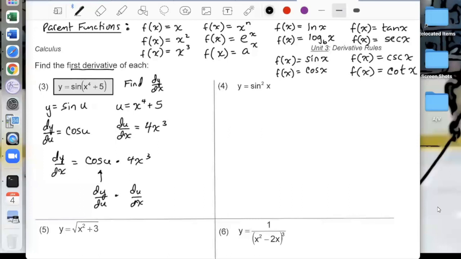So that's my license to do that. And since I know that u is equivalent to x to the 4th plus 5, I can make that substitution after the fact and say cosine of x to the 4th plus 5 times 4x cubed.